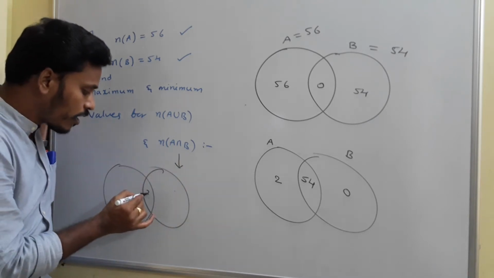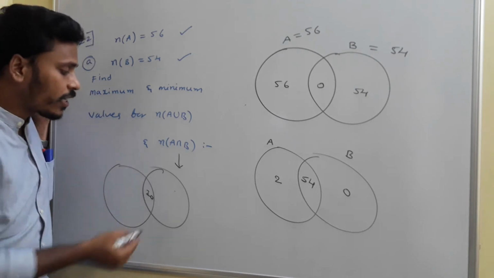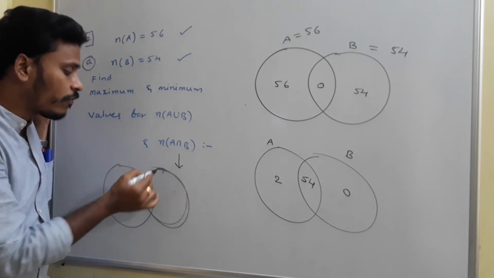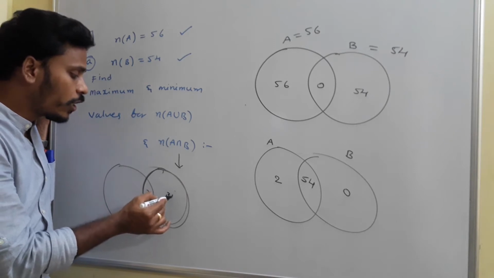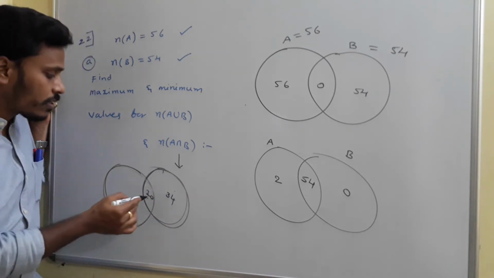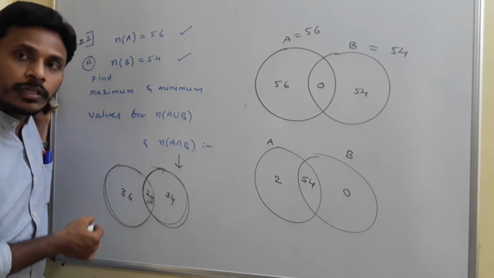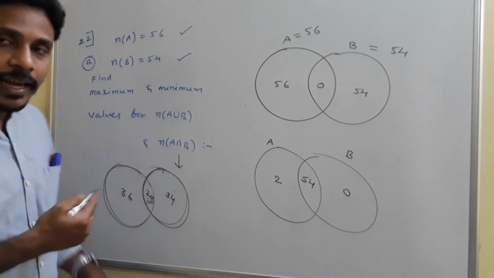For suppose if you say this is 20, that is one possibility. If you take it as 20, since the second circle contains 54, here you need to take 34. And the first circle, set A, is 56, so since it is 20, you need to take here 36. So 20 is one possibility, 21 is one possibility, 10 is a possibility.